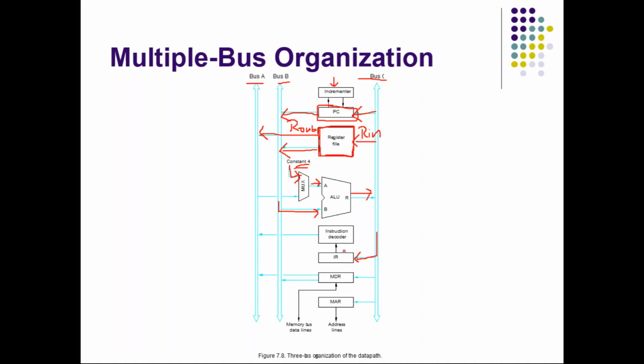Then here we have the instruction decoder, which will decode the instruction and generate the appropriate control signals to the ALU. Here the control signals were not shown. You can assume there are control signals through which the instruction decoder says what is to be done, whether add or multiplication. And this is MDR.